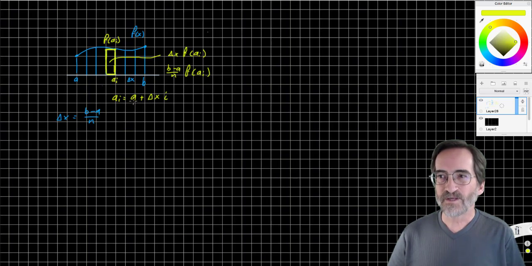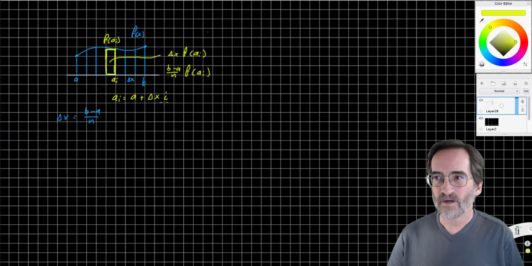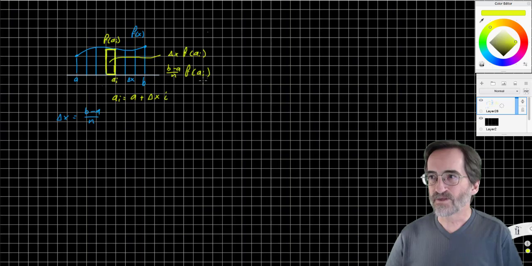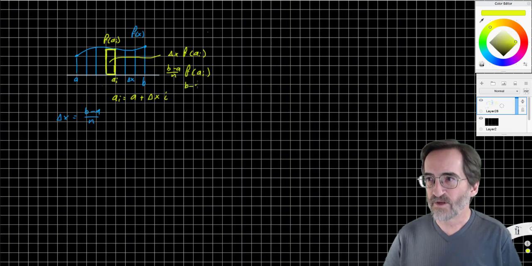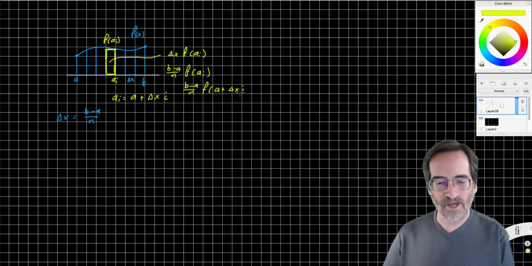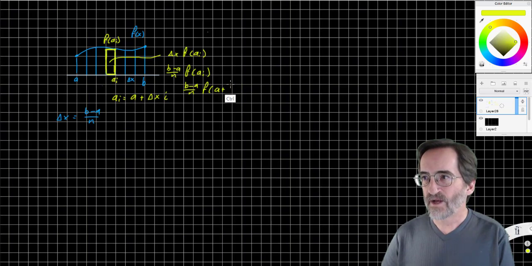So basically we're taking the left boundary and multiplying the interval that we're counting by the index number of the rectangle. So let's change that again here a little bit. So the area of the rectangle is b minus a over n, times f of a plus delta x times i. But what is delta x? Delta x is b minus a over n.